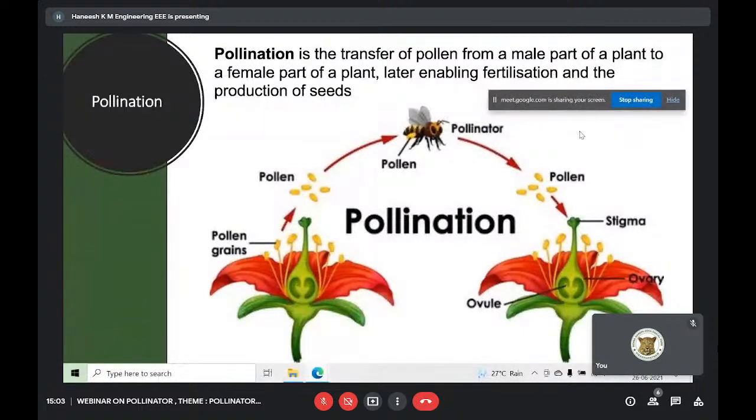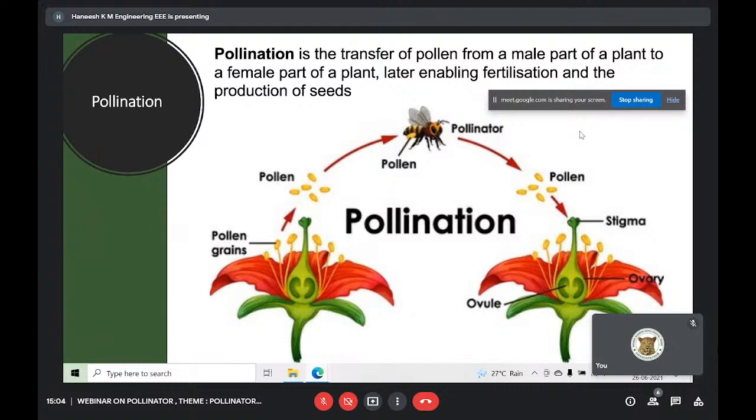Coming back to the main thing, we are calling it pollination. Mainly all the plants, all the trees, even all the animals and birds, their major aim is to reproduce. They need to continue the generations.